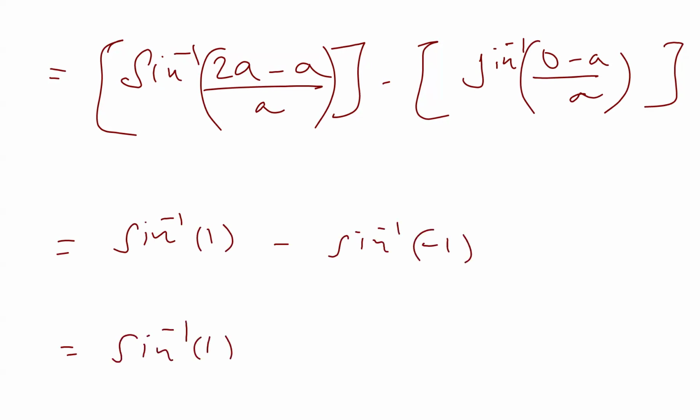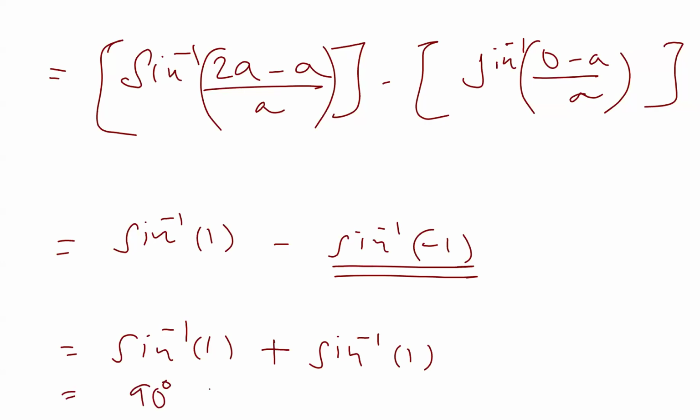Sine inverse of minus 1 is minus sine inverse 1. Okay, sine inverse of minus x is minus sine inverse x. So this is going to be pi.